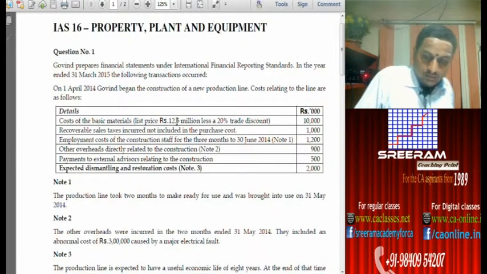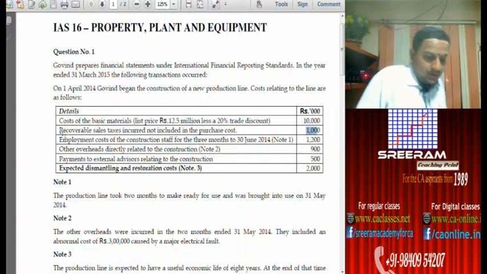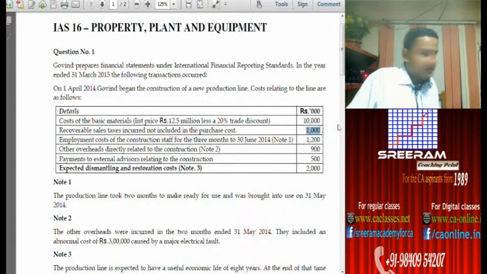So 12,500 less 20% discount, in thousands, gives 10,000. This 10,000 we need to take. Then taxes of refundable nature will not form part of the cost of the asset, so we can exclude them. Recoverable sales taxes are not included in the purchase cost, so we need not worry. If it is included, we need to deduct.